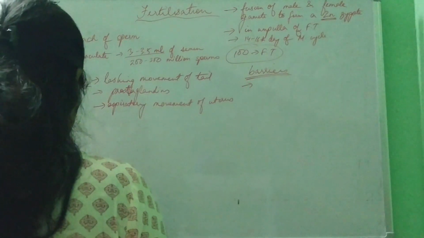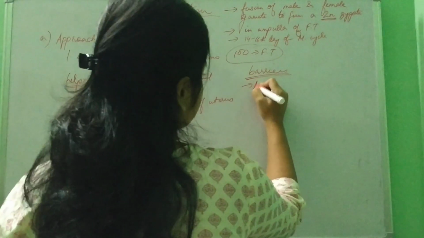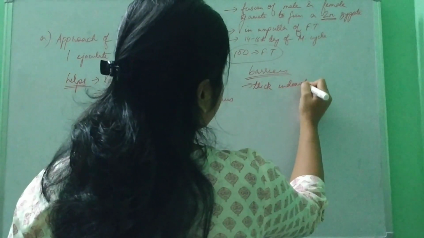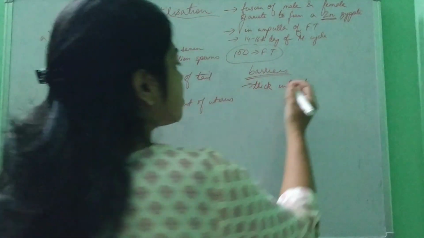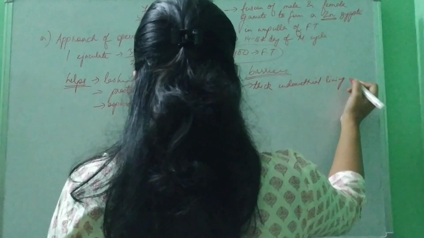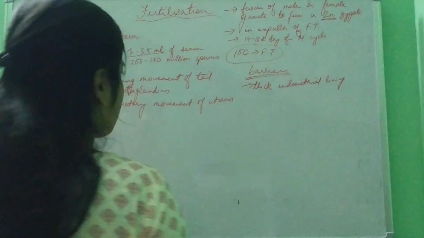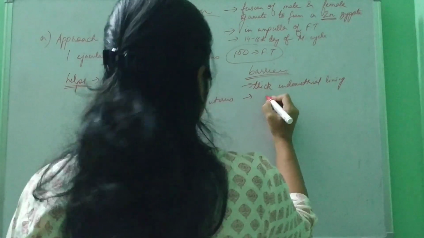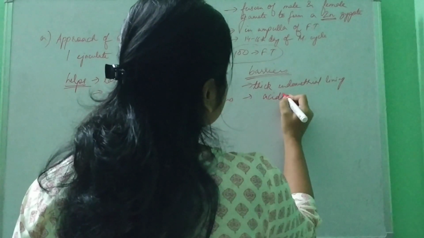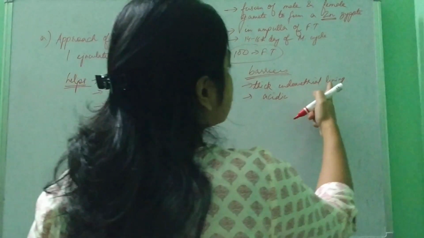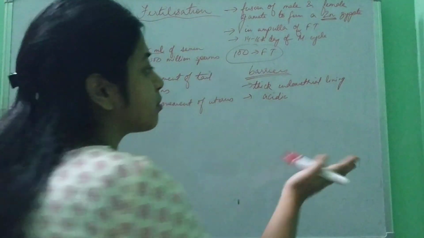The thick endometrial lining of the uterus. We know there is an endometrium in the uterus. So the thick endometrial lining will stop the sperms from crossing.